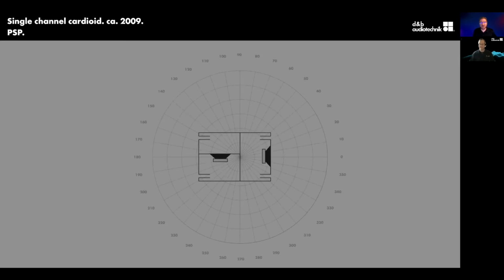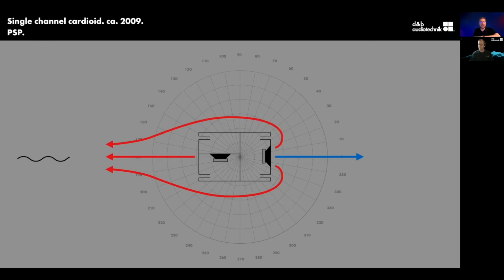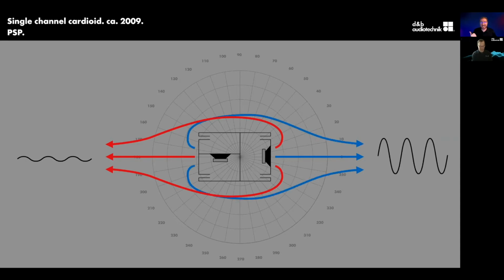The way this works, same idea of energy going from front to back. Energy is going to come out the front, and it's going to wrap around the back. We wait for that energy based on the construction of the cabinet to create the cancellation as it exits out the ports to the rear. The added benefit of this is that energy coming from the back to create the cancellation actually goes out front too.